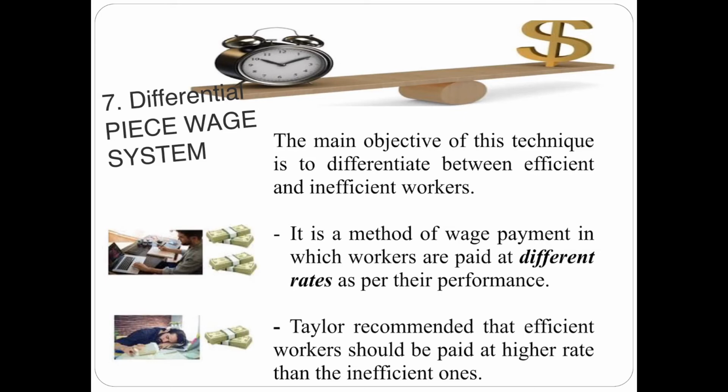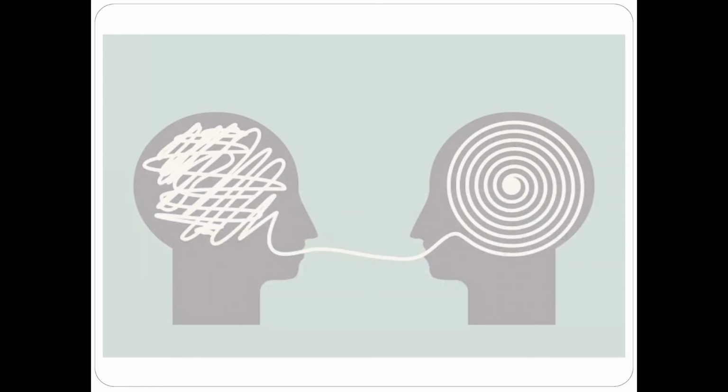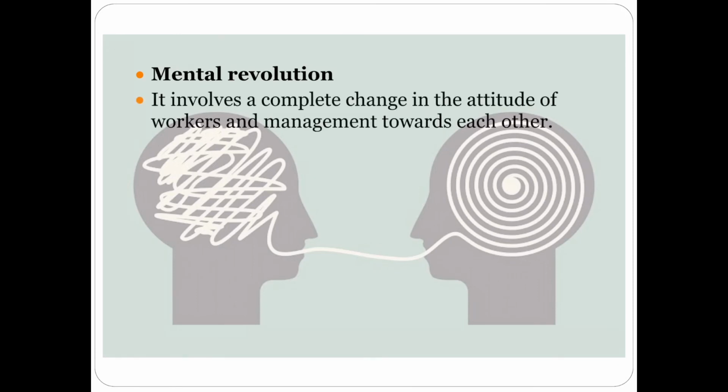Taylor during his times. Now, over a period of time, there is a development called mental revolution that came up. So what exactly is mental revolution? It involves a complete change in the attitude of workers and management towards each other. It is very common at the workplace.